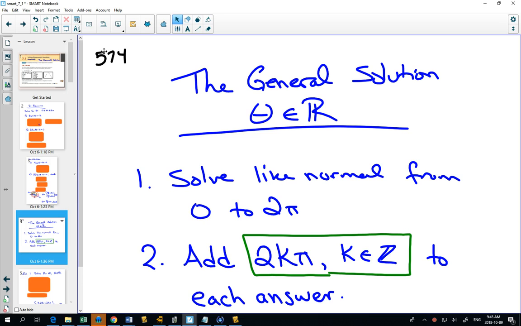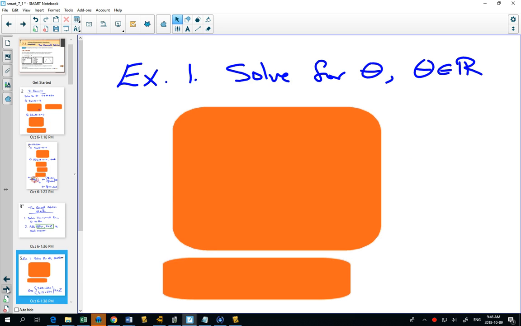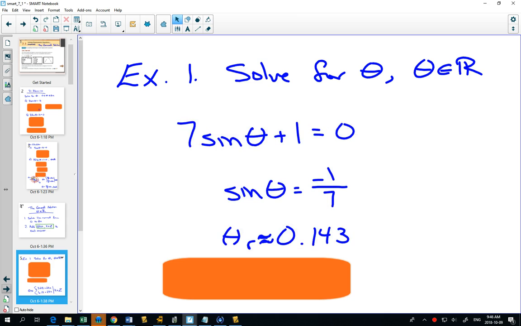So your first example that you have right under that, you can actually put an X through that because we're not going to do that example. We're going to do 2 other examples instead. So the example that we're going to solve for is 7 sine theta plus 1 equals 0.